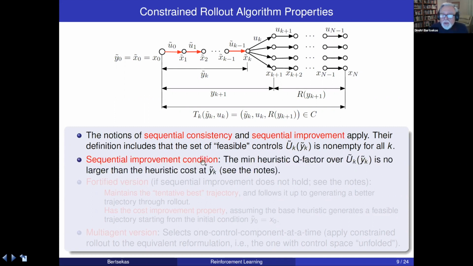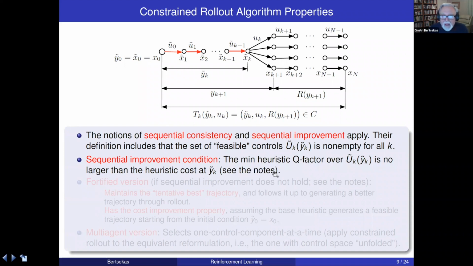So that's the sequential improvement condition. First, that the set of feasible controls is non-empty. There's at least one that is feasible, and moreover, out of those that are feasible, the Q factor of at least one, the minimum Q factor over those, is no larger than the heuristic cost from here.